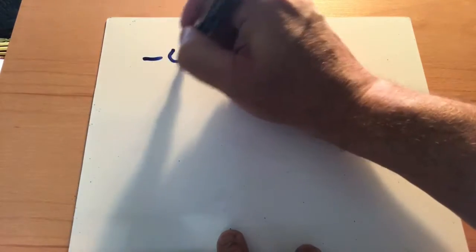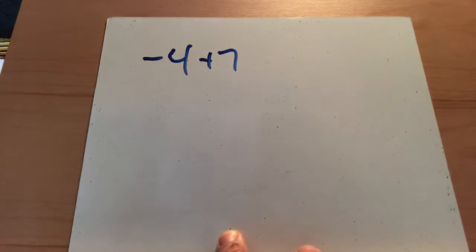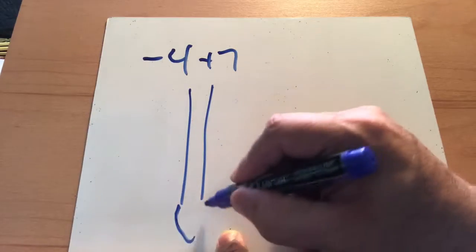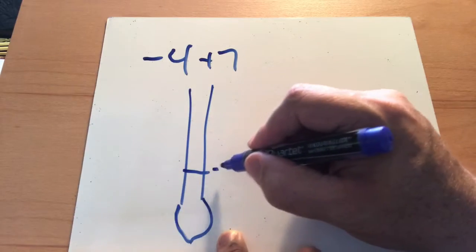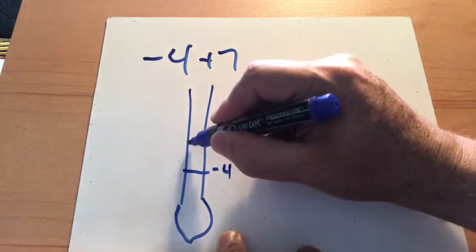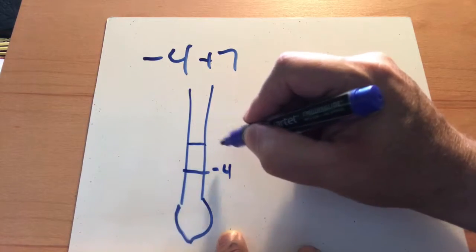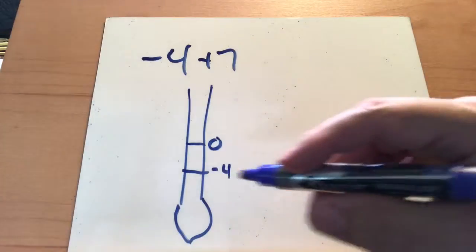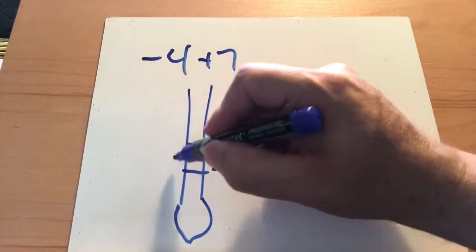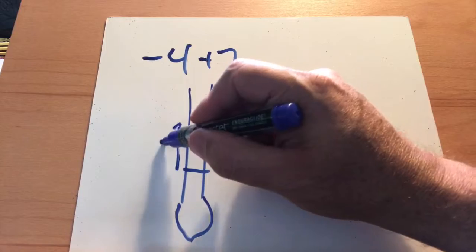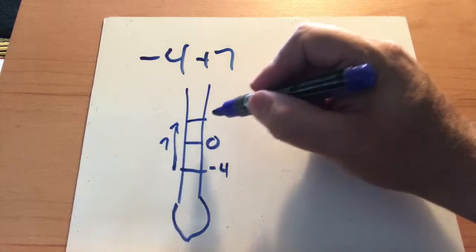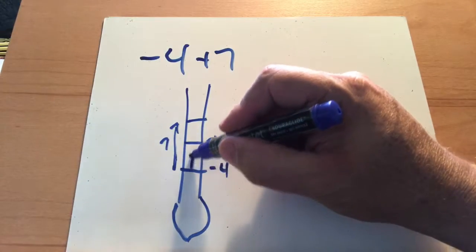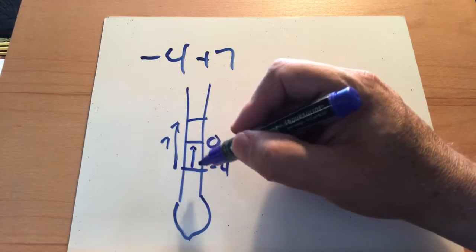For a problem like -4 plus 7, again, we can think about the thermometer. This time we're starting out at 4 below 0. Always good to know where 0 is on our thermometer, because that'll help us think a lot about what the answer is going to be. And if we're going up 7, how far did we have to travel to get to 0?